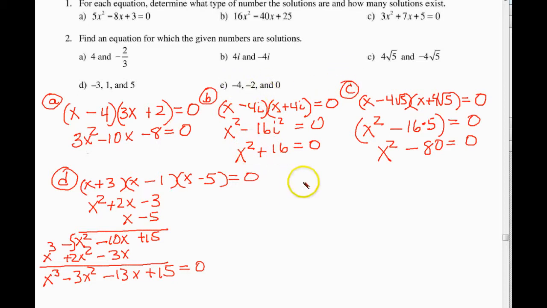And now for this last one, letter E. Now, when you have a 0, that's just going to be an x there, like so. And we have opposite signs. This will be a plus 4. This will be a plus 2.